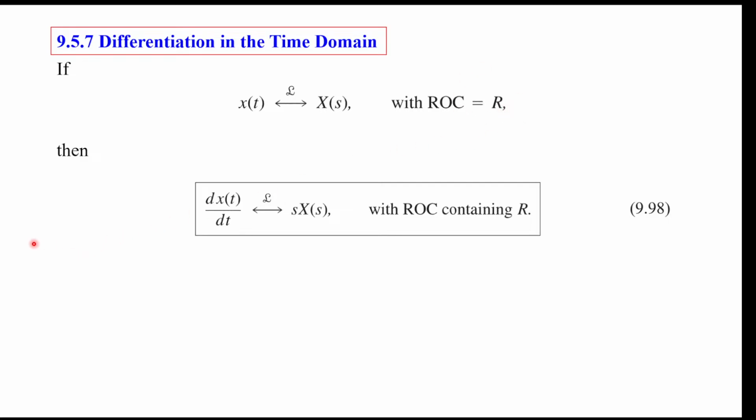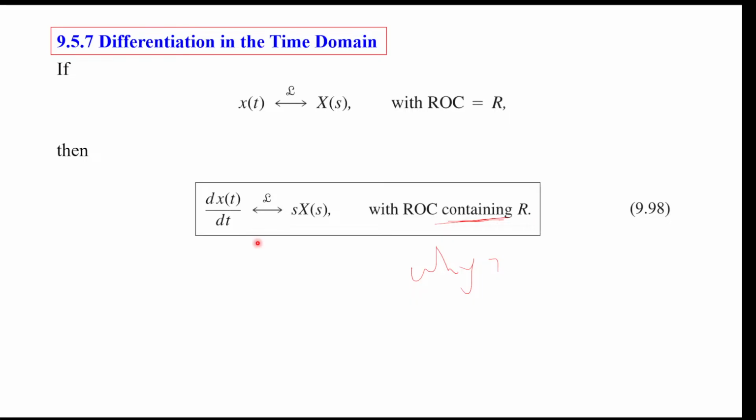How does multiplying by S make the ROC of S times big X larger than the ROC of X of S? Anyone want to answer? Why is the ROC here not just R but containing R? The only thing we do here is change from X of S to S times X of S. You multiply things by S here.